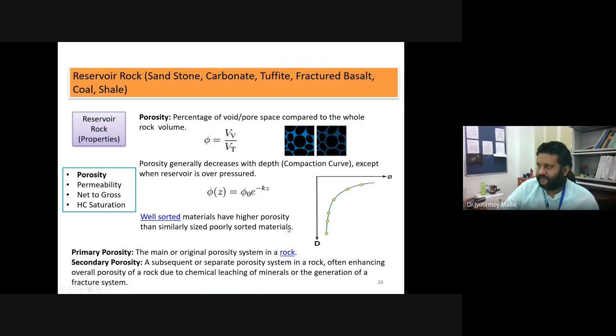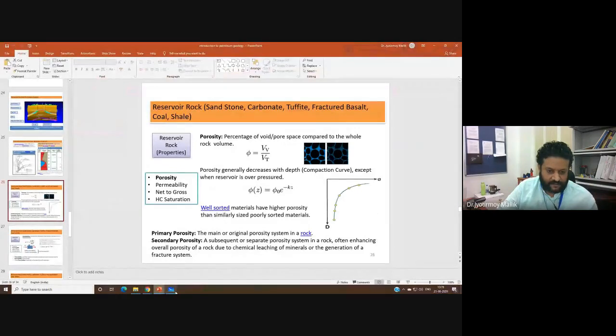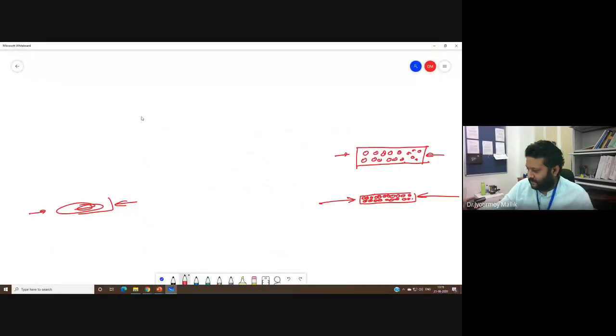Okay. Say for example, you will learn what is poorly sorted, what is well sorted later on, in your sedimentology class of course, but for the timing, let me just give you a brief. Say for example, I have a sandstone where I have grains of all sizes.